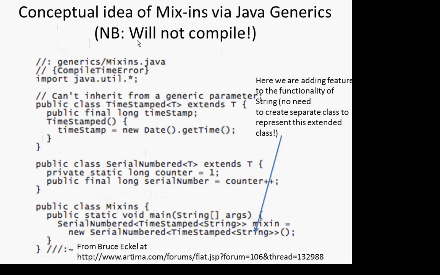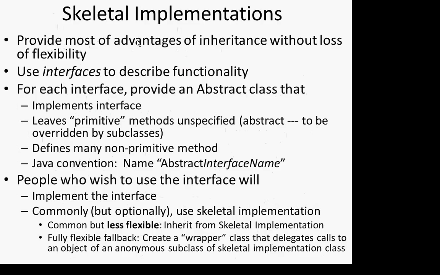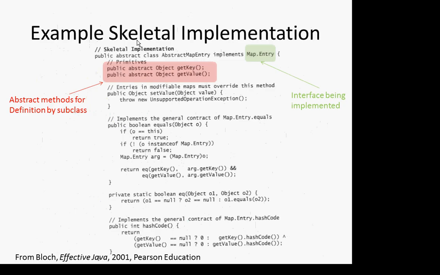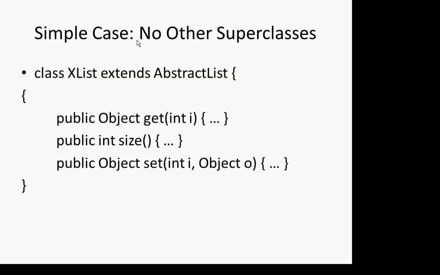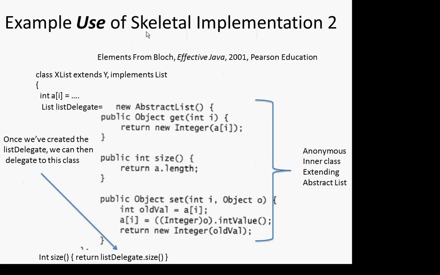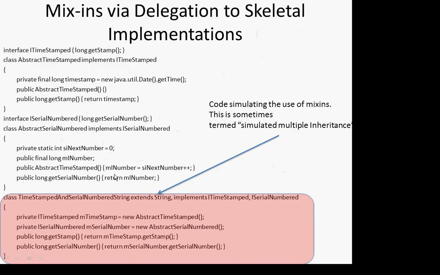We've seen ways of trying to implement them. We've seen skeletal implementations, which provide one way of mixing together a set of functionality in a way that approximates multiple inheritance, and can allow us to effectively extend multiple classes, but we have to provide a little bit more mechanism in terms of delegation. Okay?